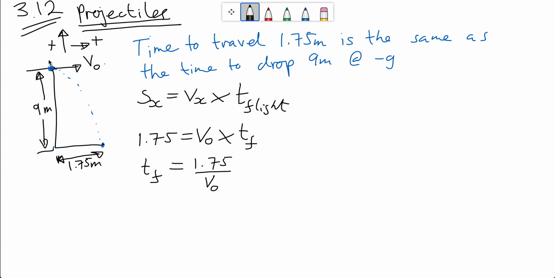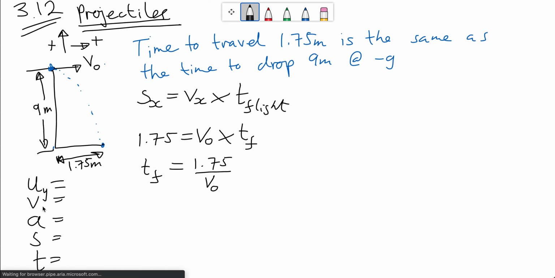Now let's consider the vertical motion. A person starts here and drops for 9 meters. So let's look at all the quantities: u, v, a, s, and t as usual. The initial velocity u in the y direction, the final velocity v, the acceleration in the y direction, and the distance in the y direction.